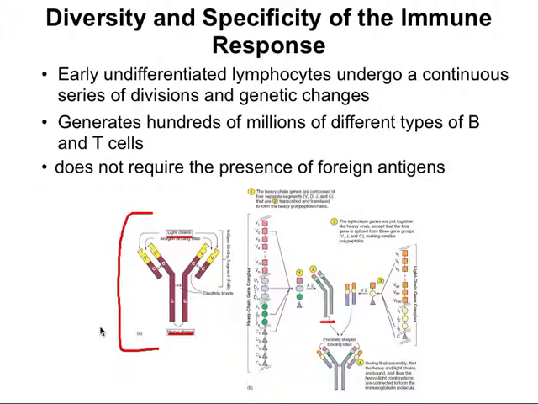Here are the gene segments. And there's a number of different choices of genes that could be taken from the long chain segment and the short chain segment. So in this case, we've got one from over here, one from over here, and one from over here coming in to produce this short chain. Because of the shuffling of these different pieces, we can have hundreds of millions of different types of B and T cell receptors, so that each cell can have a unique receptor region.